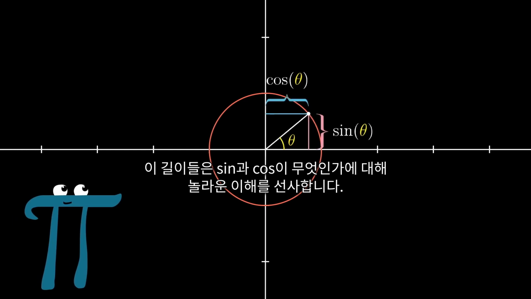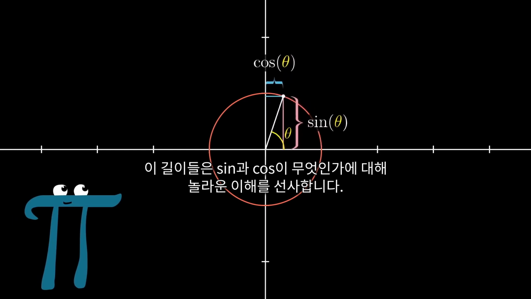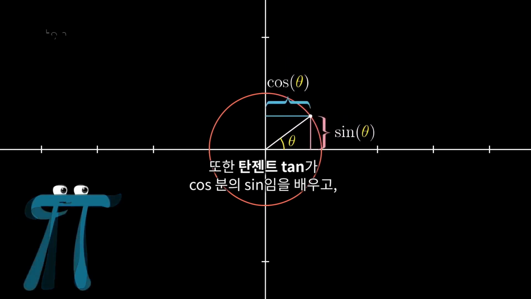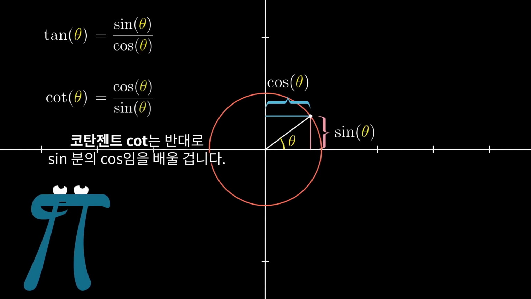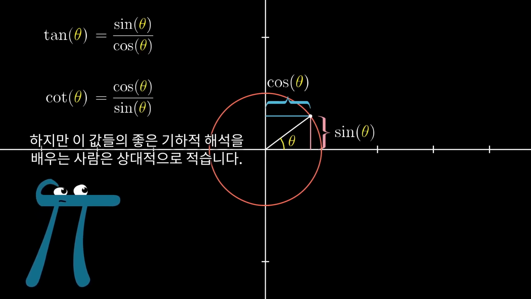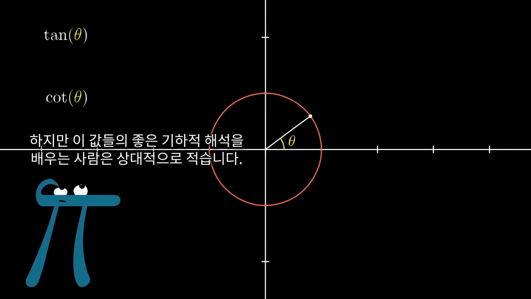And these lengths give a really wonderful understanding for what cosine and sine are all about. People might learn that the tangent of an angle is sine divided by cosine, and that the cotangent is the other way around, cosine divided by sine, but relatively few learn that there's also a nice geometric interpretation for each of those quantities.